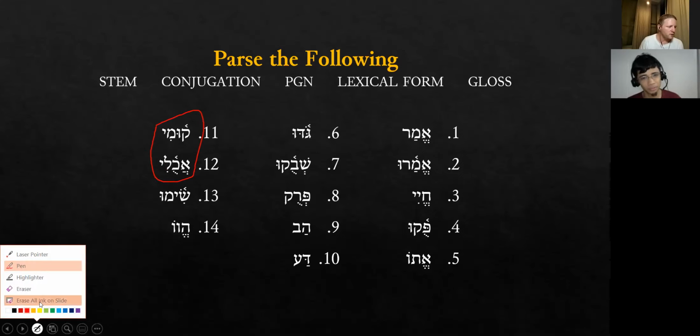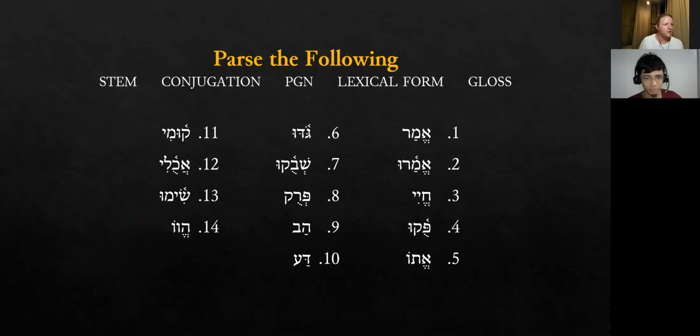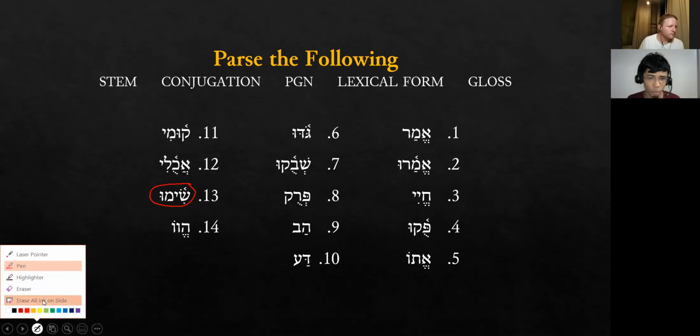Okay, let me erase. All right. So, plural of sim, meaning to put or place. Hevo.